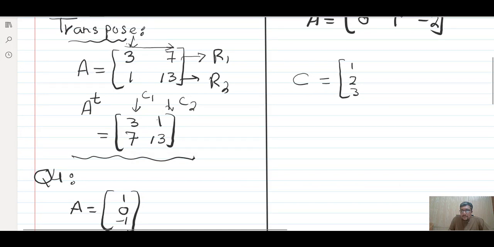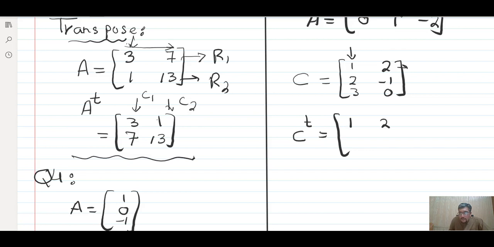So we have two rows, and we will change these rows into columns. So C transpose is equal to 1, 2, 3, 2, minus 1, and 0, where this row is going to be your column 1, this row is going to be your column 2, and this row is going to be your column 3. In this way you can find the transpose of matrices.